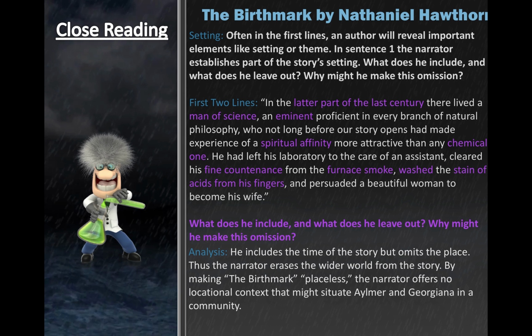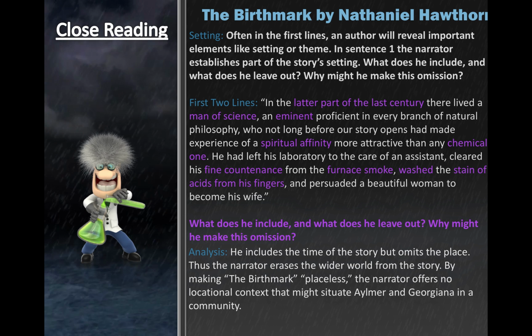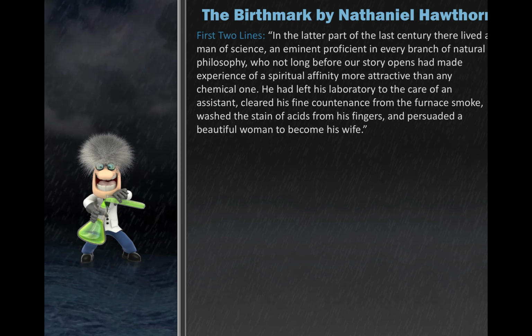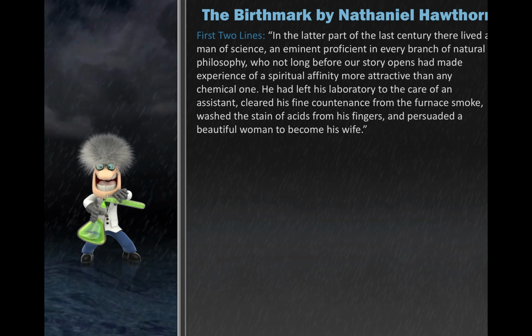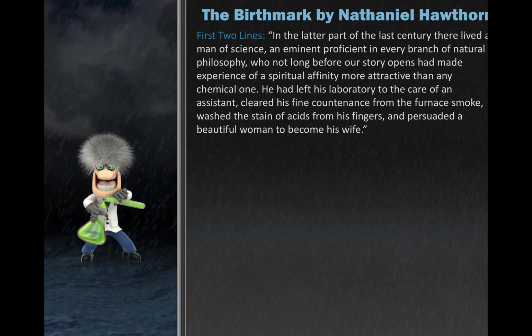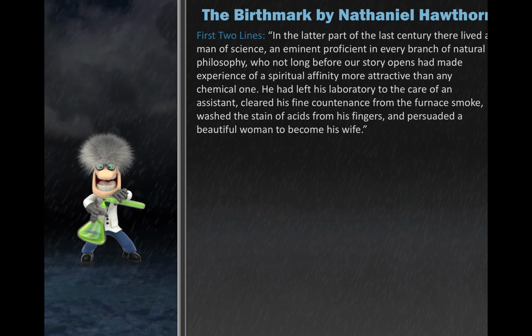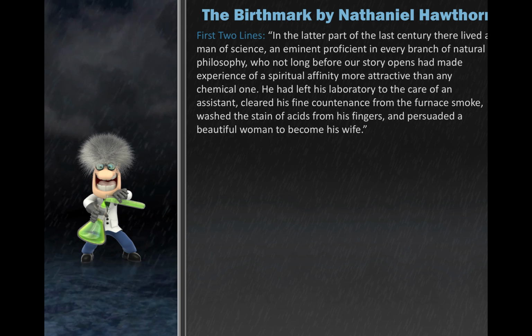Again, that can be kind of a universalizing technique. So you can't root them and say, oh, this is just a man of science in Northamptonshire, England, right? Or in Boston, Massachusetts. It's a universal, a person who thinks this way, right?